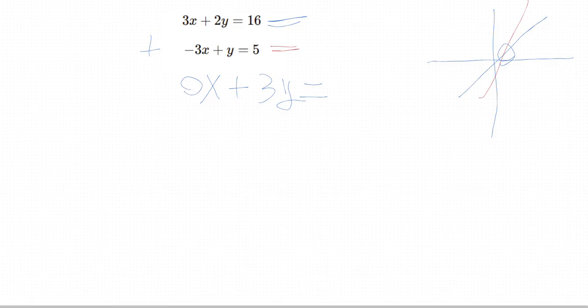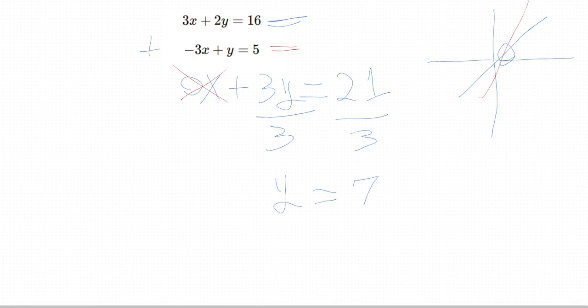And we add the results here, 5 plus 16, which is 21. And we get 0x plus 3y equals 21. This term we can ignore. So all we need to do is divide both sides of the equation by 3, and we get y equals 7.